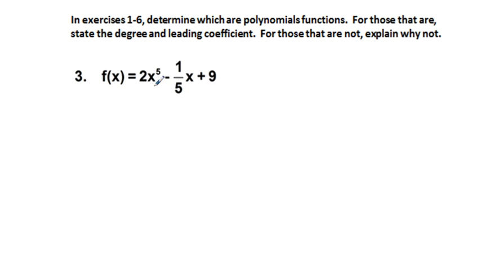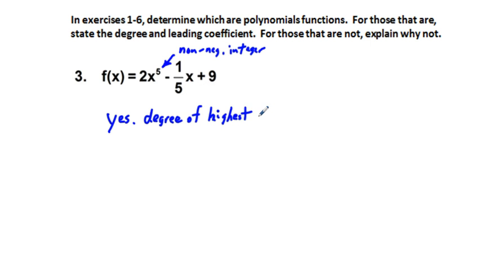Problem number 3, we have f of x equals 2x squared minus 1/5 x plus 9. Here we have the power is 5. This qualifies as a non-negative integer. So we say yes, this is a polynomial function, and the degree is the power of the highest power term, which equals 5.